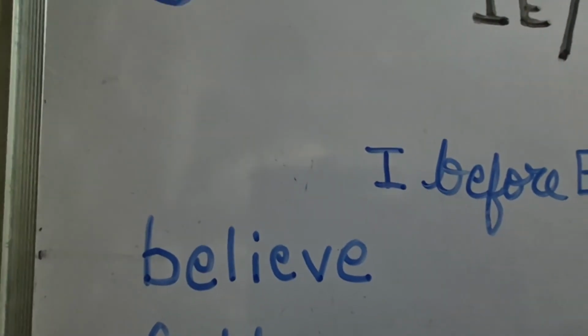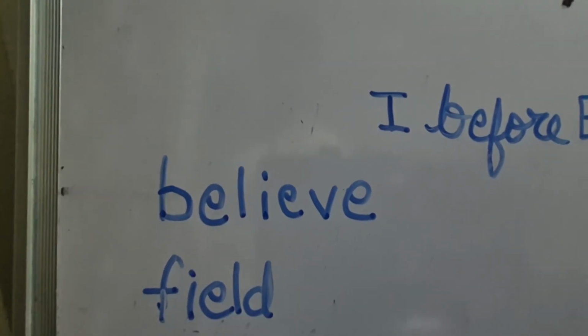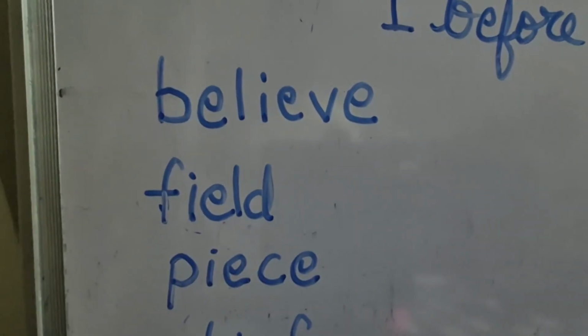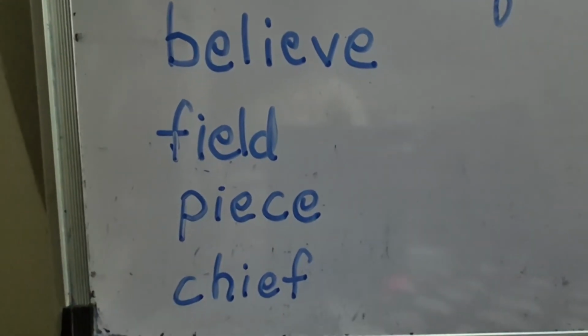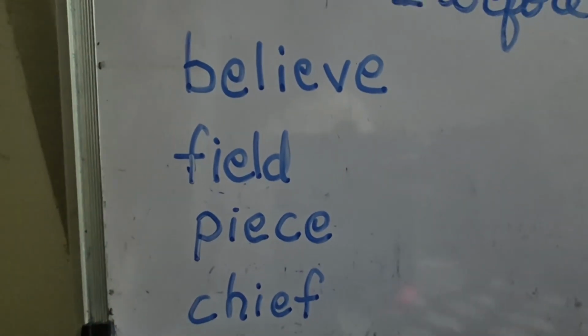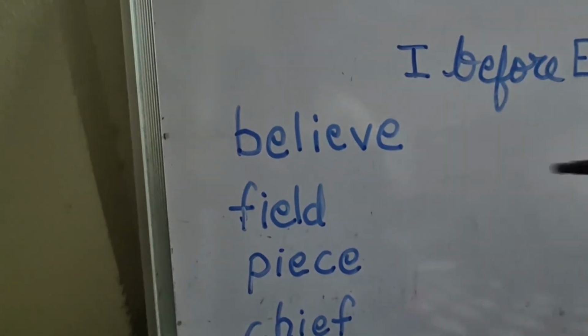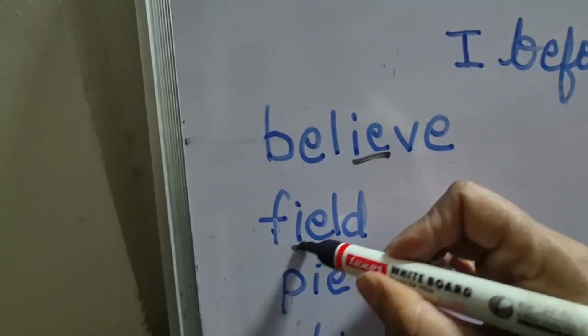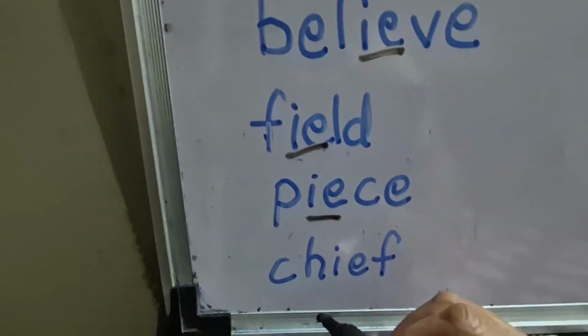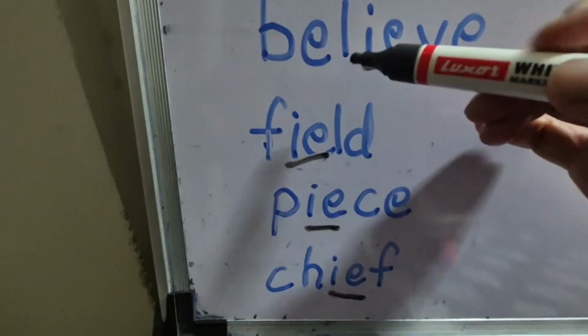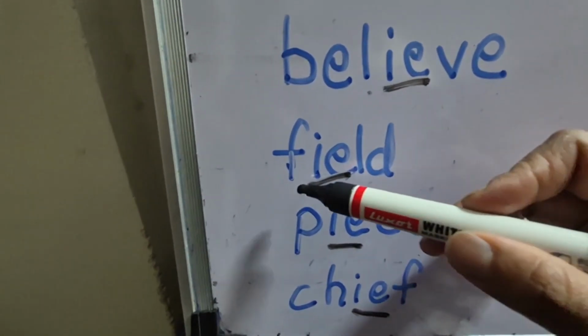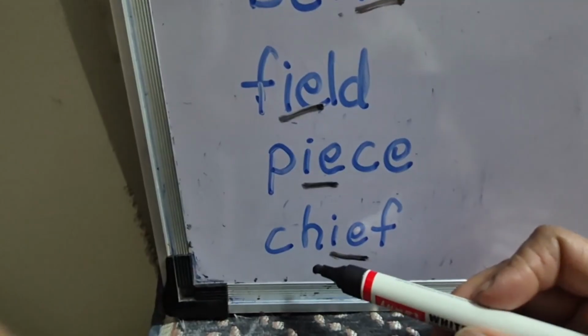The word is believe. Okay. Next, field, peace, chief. Here you can see there is no letter C before IE. Here we have L, we have F, we have P, H.